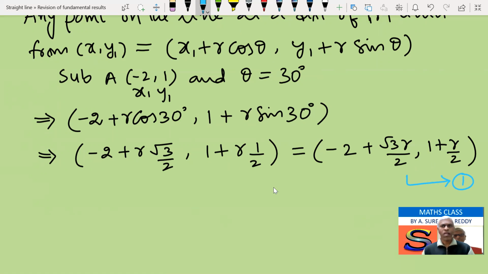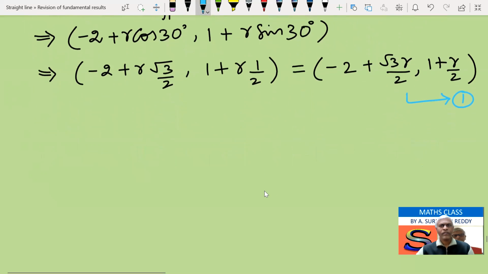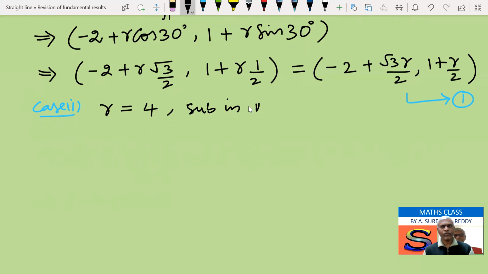So now case 1, take r value positive. R value is 4. Substituting in 1, we get the point.